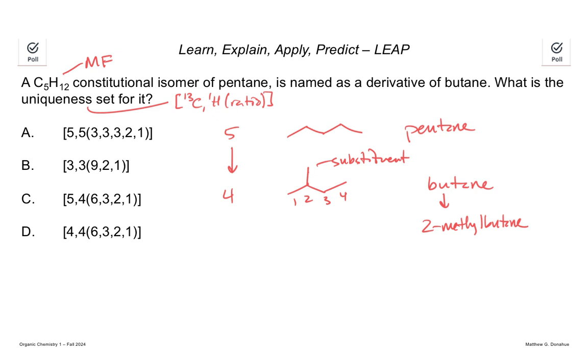Got some 3s, got some 4s. So it'll be 4.